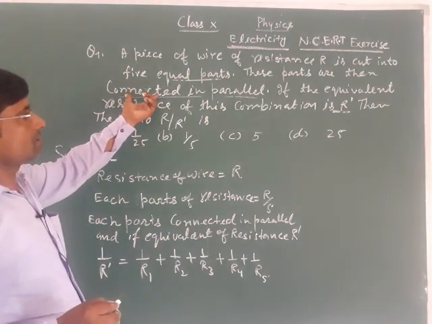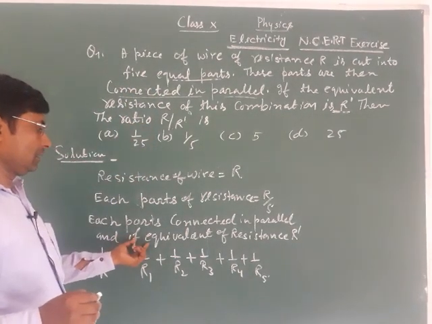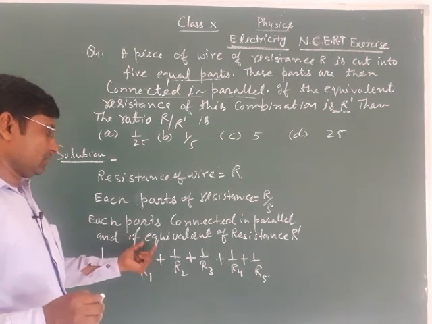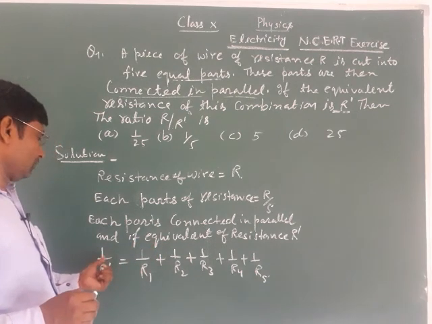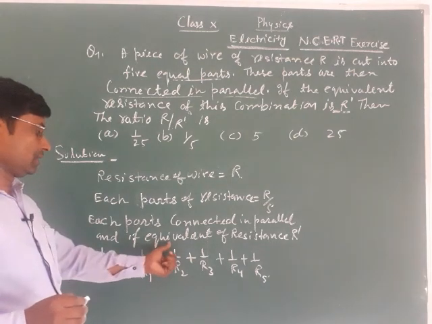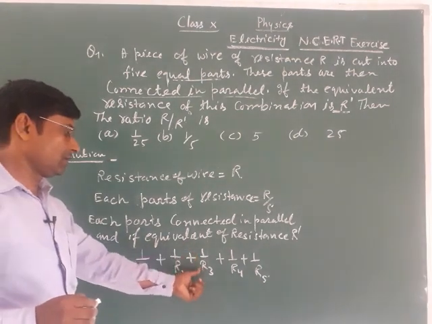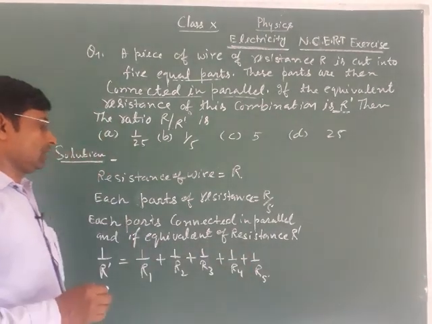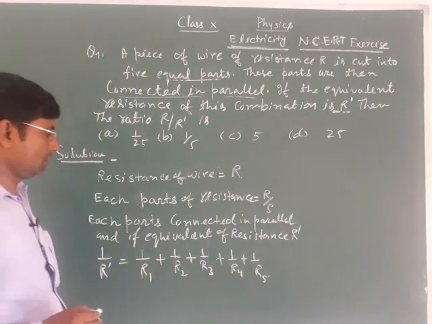So 5 resistances are connected in parallel. The parallel formula is 1 upon R dash equals 1 upon R1 plus 1 upon R2 plus 1 upon R3 plus 1 upon R4 plus 1 upon R5.